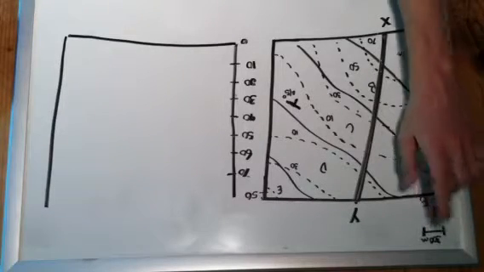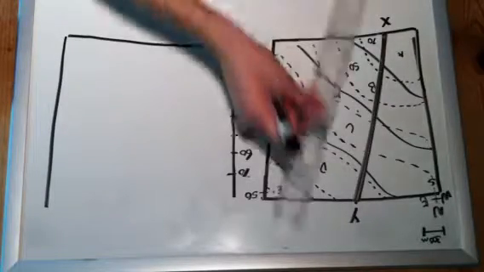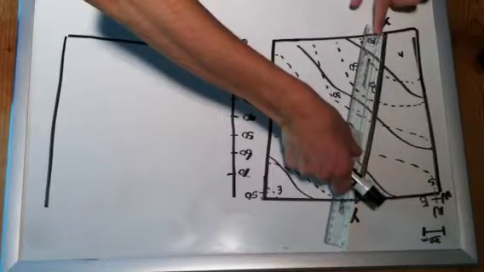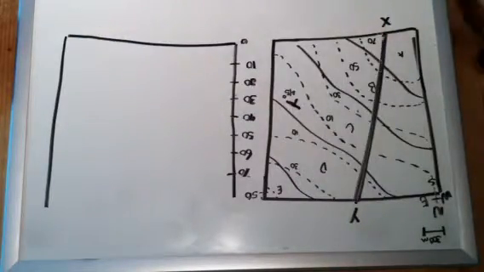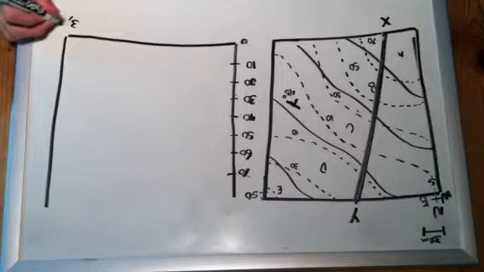And then I have up here our horizontal scale. 1 inch is 300 meters, so if we just measure the XY line, that is about 9.5 inches. So let's see, 9 times 300, that's 2,850, or close enough to 3,000 meters across.